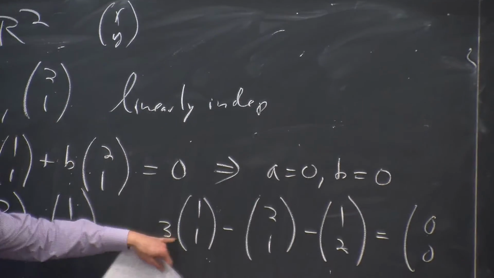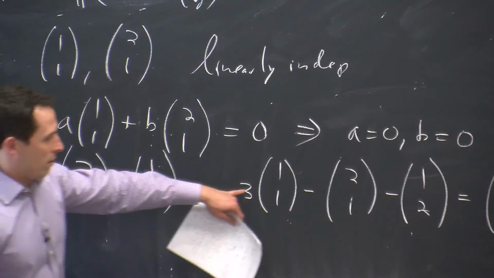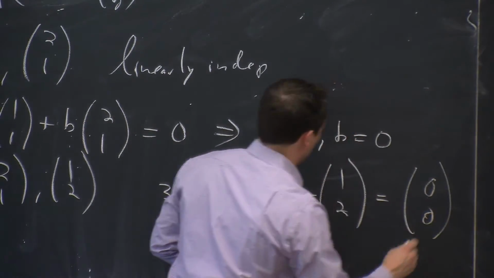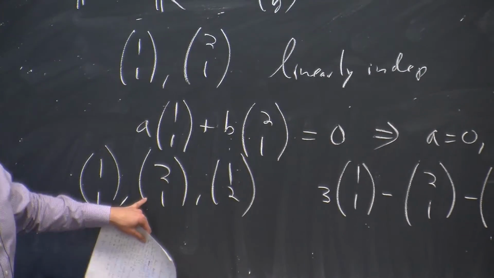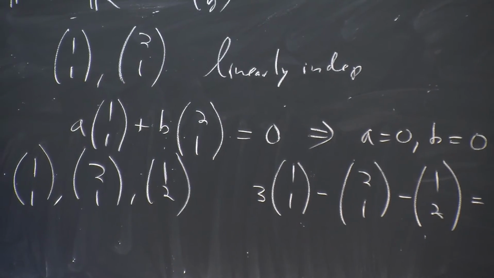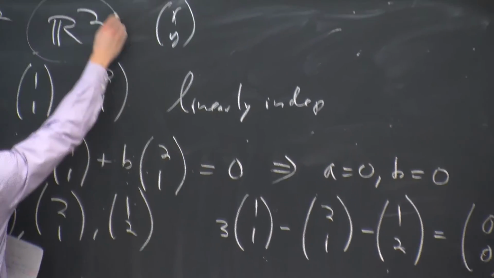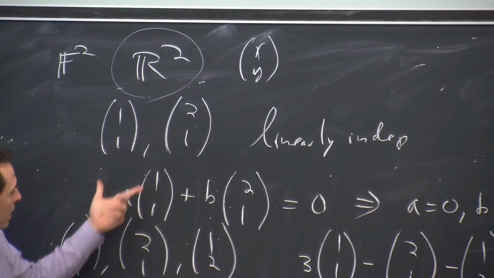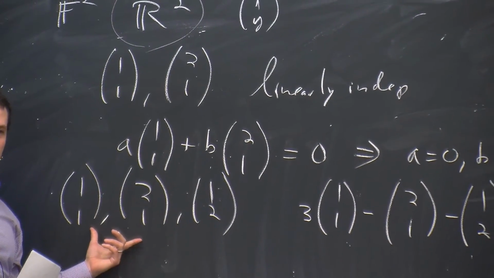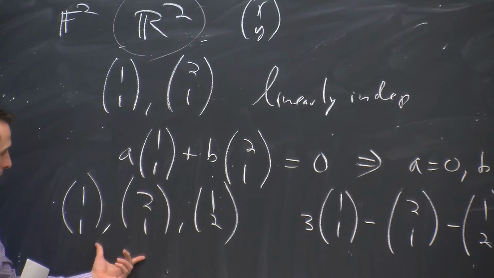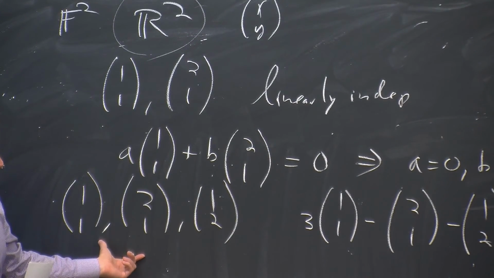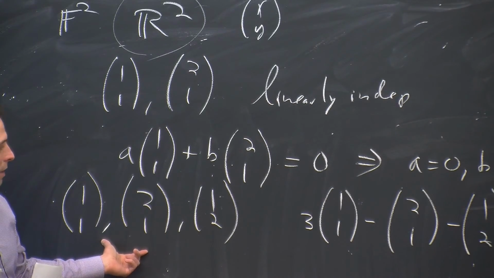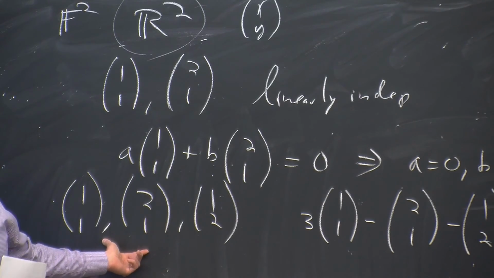So there is a choice of non-zero a, b, c such that I can write the 0 vector, and so these 3 would be called linearly dependent. We think about this as a 2-dimensional space. I can fit 2 linearly independent vectors, and you might expect that it's hard to fit more than 2. That's going to be the strategy we take to actually define dimension, not just finite or infinite, but exactly what dimension it is. And that's what we'll start with on Friday.